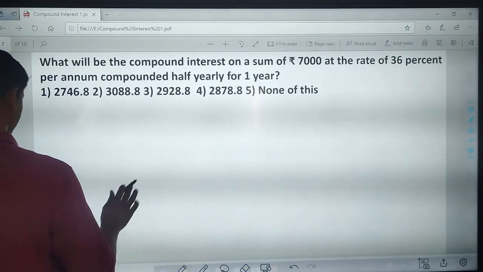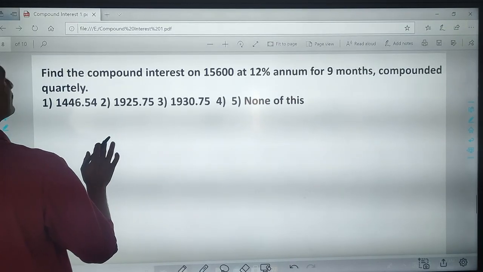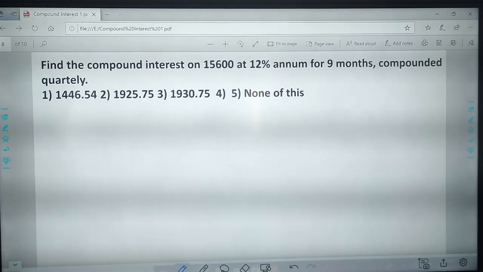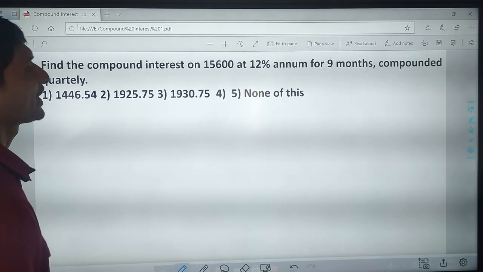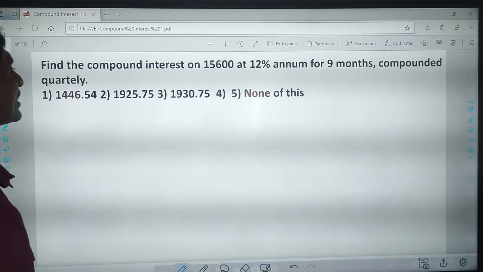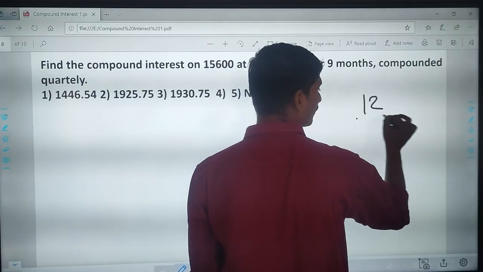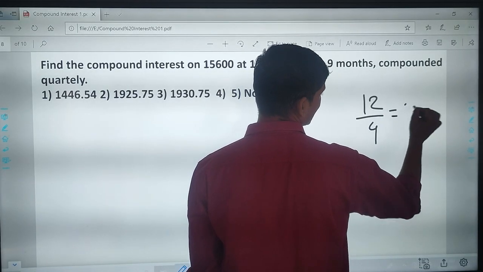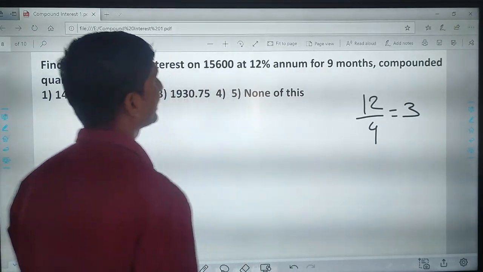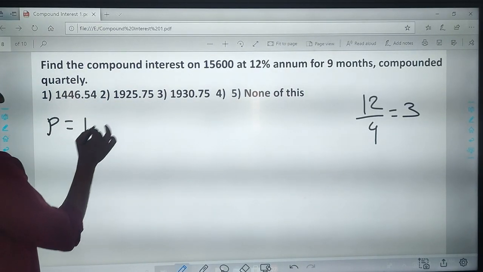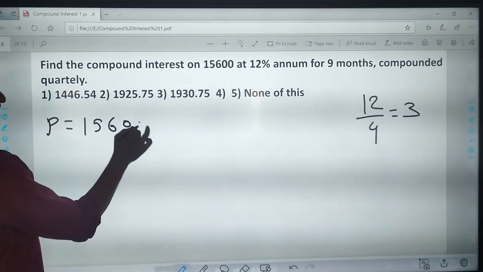Now next, find the compound interest on 15,600 at 12% per annum for 9 months, compounded quarterly, means for 3 months. Here the factor is 4. Now here your principal is 15,600.